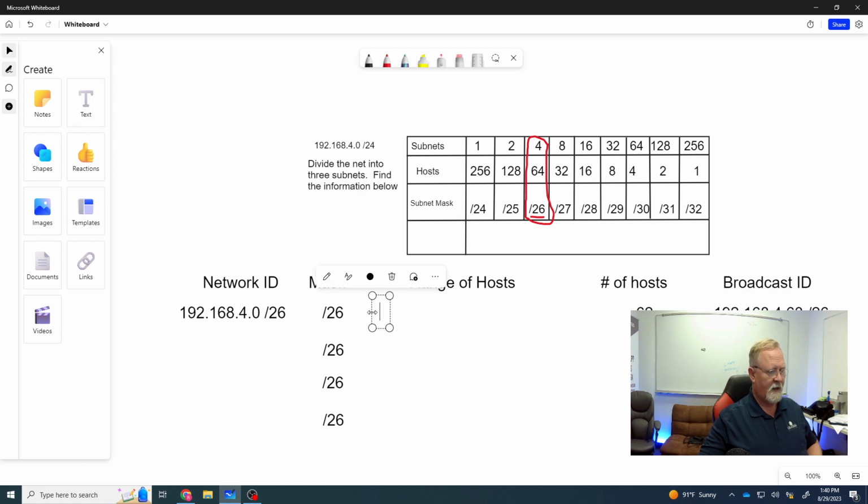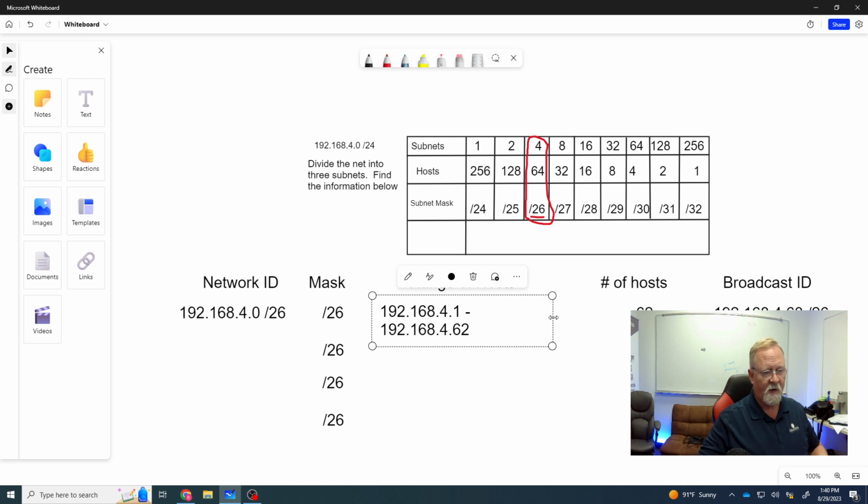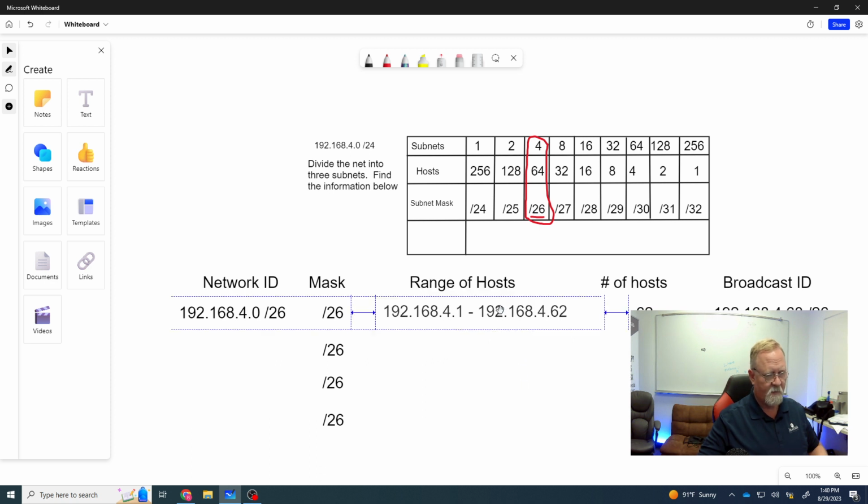So our addresses here in the range are going to be 192.168.4.1, 192.168.4.62. I'm not going to put the subnet mask on there, but just know that there should be a /26 at the end of this. But it just takes up too much room, so I'm not going to put it in there.